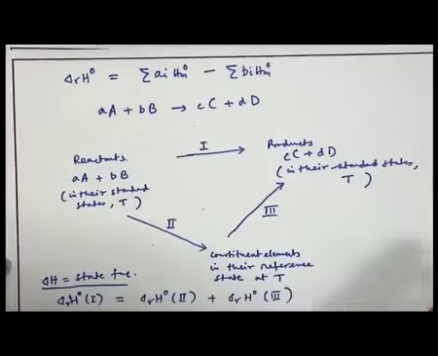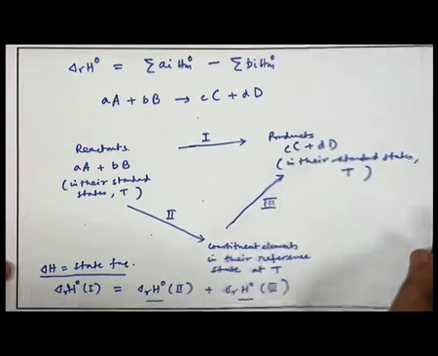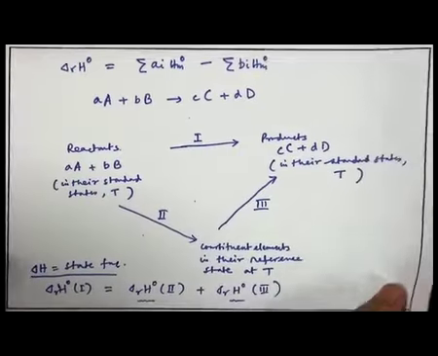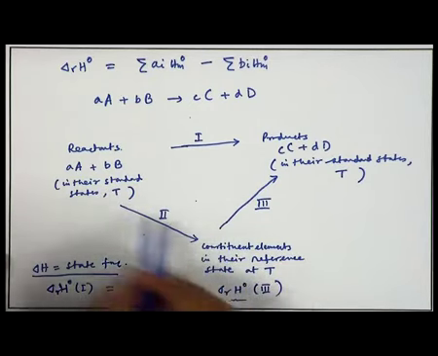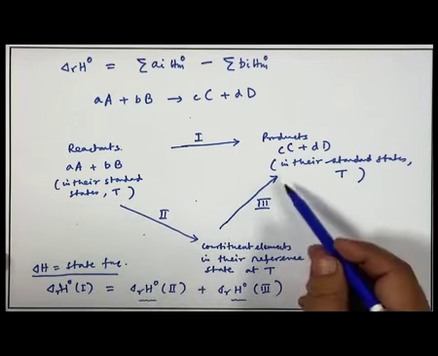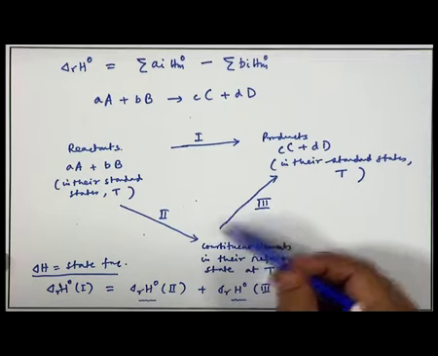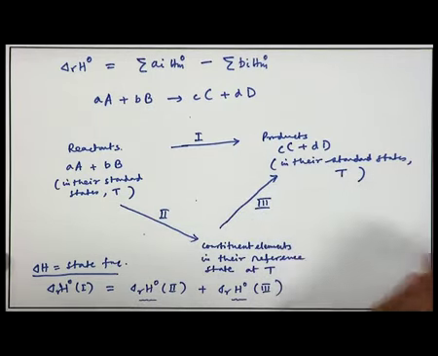Now, what is reaction number 2 and 3? What is second reaction? All the reactants going to the constituent elements, which is basically the reverse reaction of formation reaction, and in this case 3 from constituent element to the products, which is basically a formation reaction.